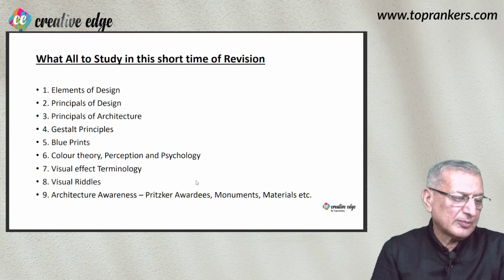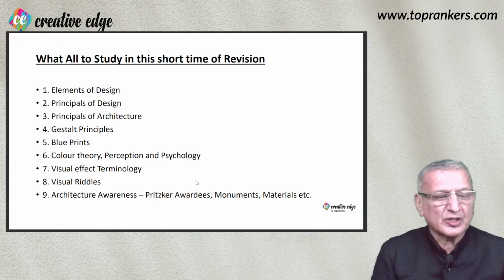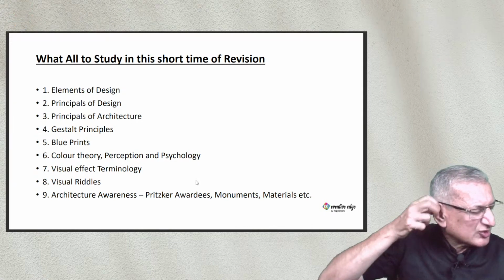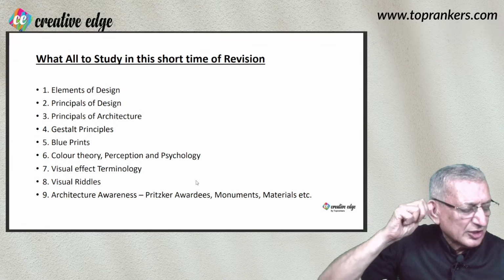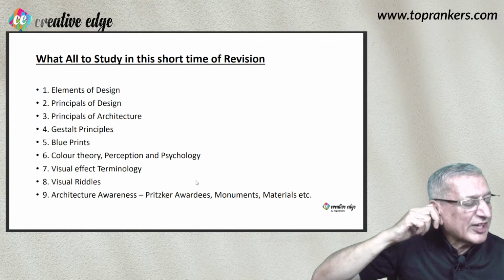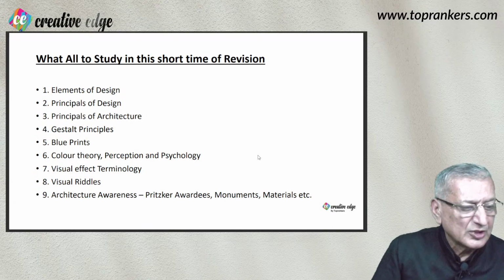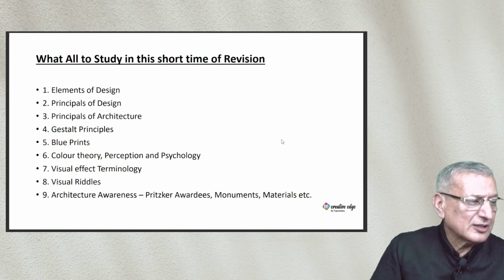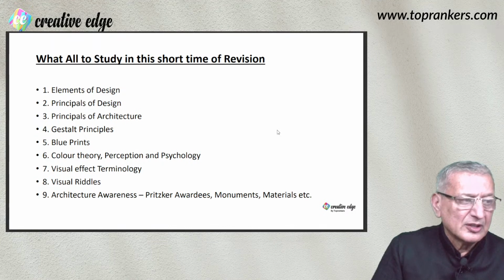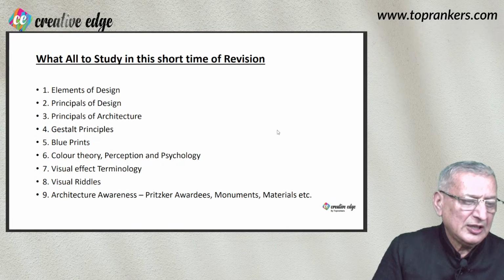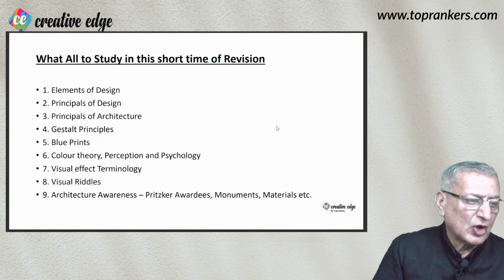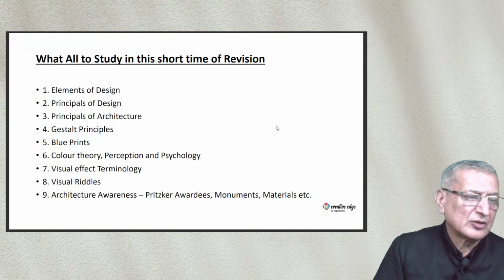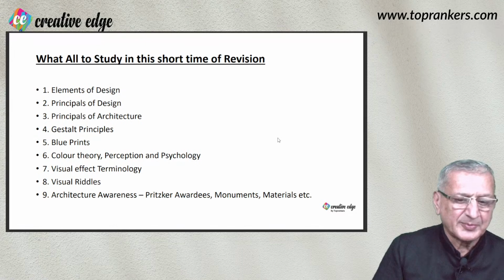And then of course the monuments and the famous architects and the architectural materials, because they may give a picture of an architectural material, maybe different kinds of mortars, different kinds of steel, different types of textures, different types of stones, and may ask a question on that picture. Friends, if you have covered these 9 aspects in your preparation, I am very sure that you are going to bring a feather in your cap, or maybe bring out results with flying colors.